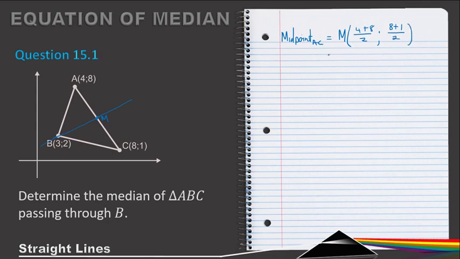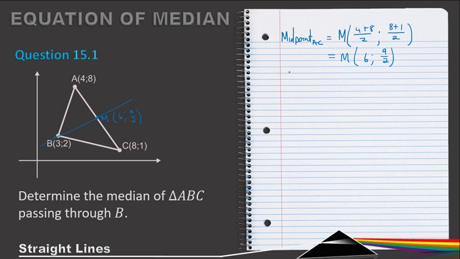And to simplify that, the m coordinates are 12 over 2 is 6, and 9 over 2, let's just write it as 9 over 2. Right, so that's our midpoint. We have 6 and 9 over 2.